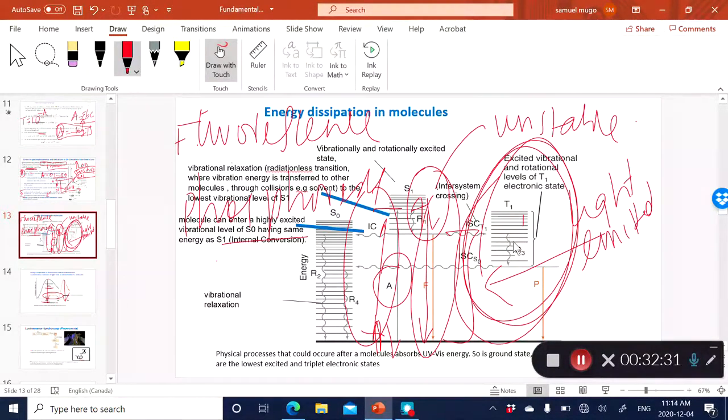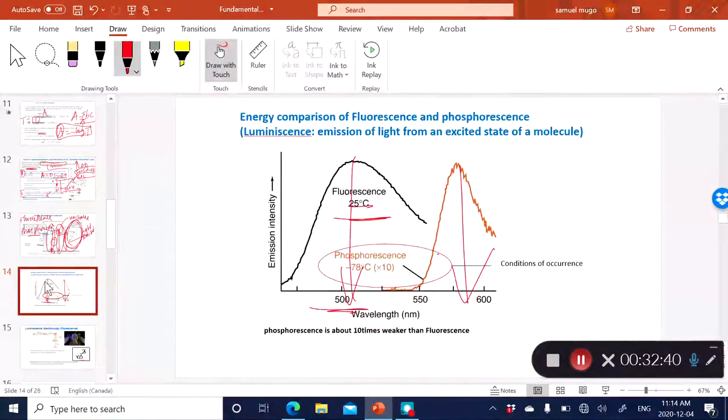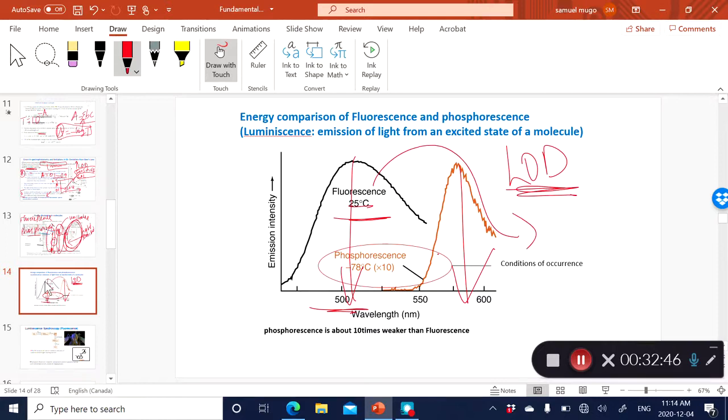And because I'm losing some energy, phosphorescence has a lower energy gap compared to fluorescence. So in terms of limits of detection, fluorescence has a lower limit of detection, meaning it's more sensitive, compared to phosphorescence, which is less sensitive.